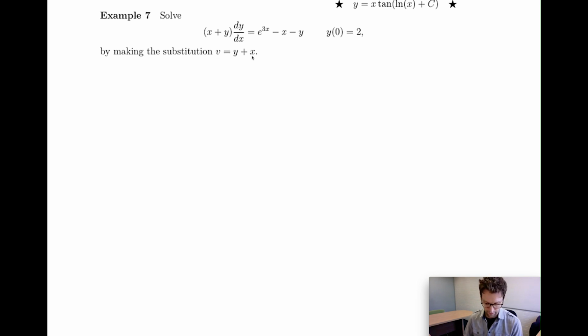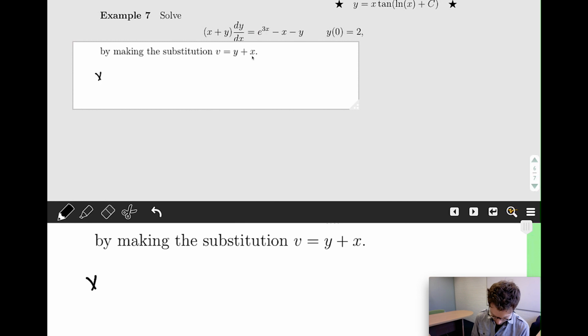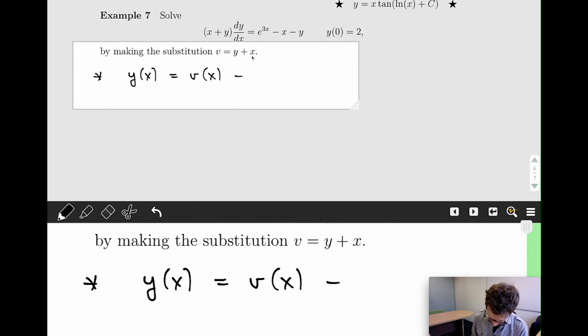Now we're given the substitution to make. In general, we'll be given the appropriate substitution in these kinds of problems. And we know that the first thing to do is to rewrite that substitution as y in terms of v and x.